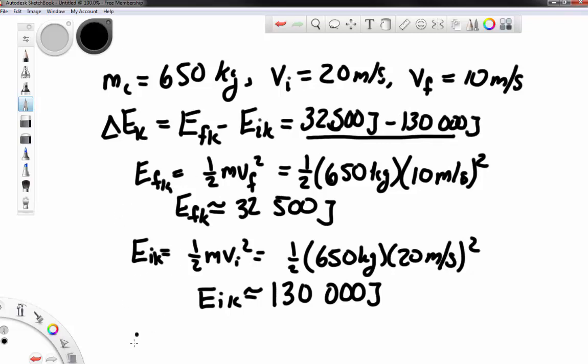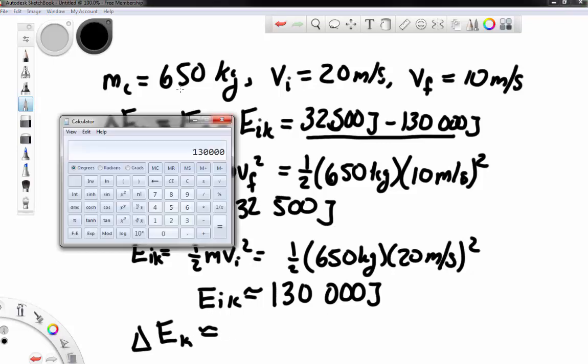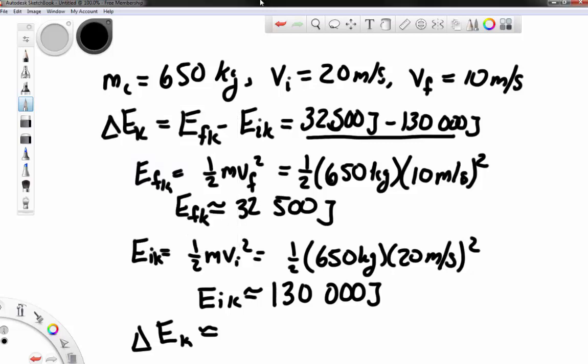So our change in kinetic energy we can get by subtracting these two from each other. Should be 97,500. So we write down here 97,500 joules. Okay, so that is our answer to the first part of this problem.